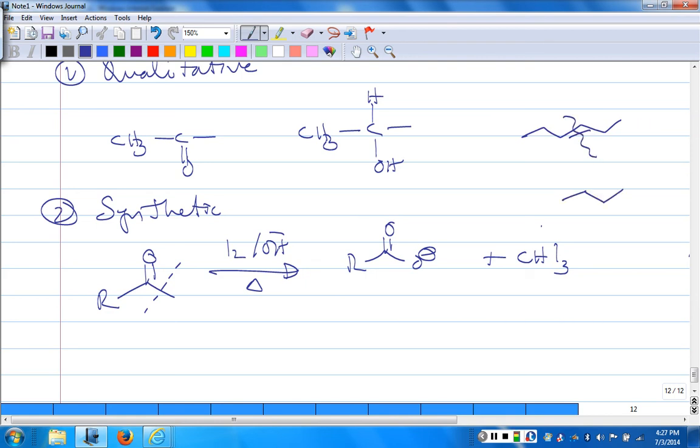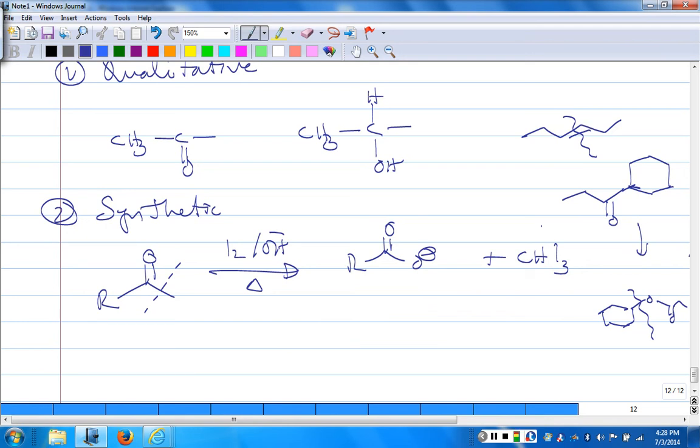If I have this ketone, and I have a carbonyl here, and I do Baeyer-Villiger, I'm going to end up with this compound. And when I hydrolyze, then the whole cyclohexyl group comes off. So for Baeyer-Villiger and ozonolysis, I can lose 1, 2, 3, or any number of carbons depending upon the structure of the molecule.